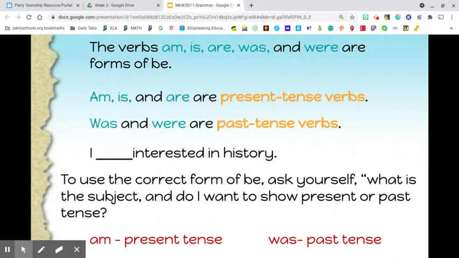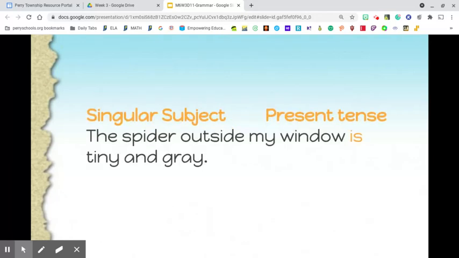So I, in the present tense, I am interested in history. Or if I'm looking at making this in the past tense, like something that has happened in the past, I was interested in history.